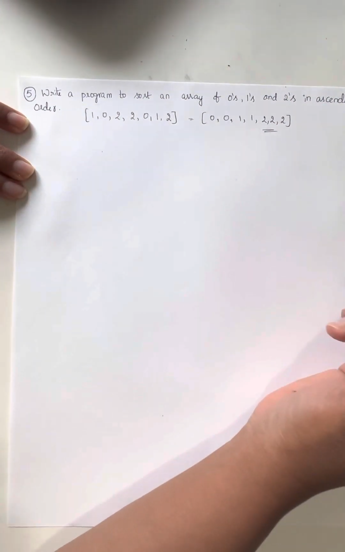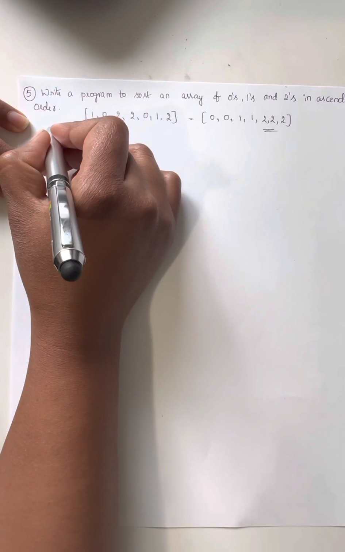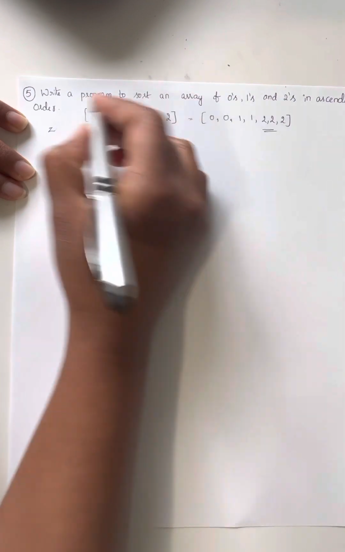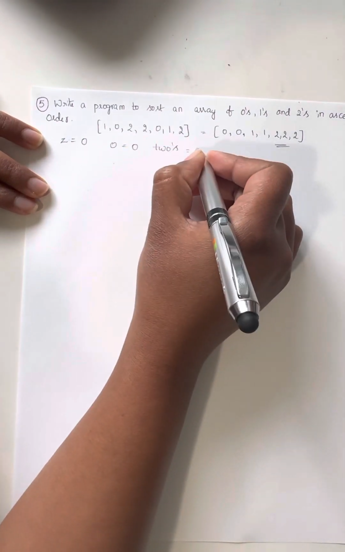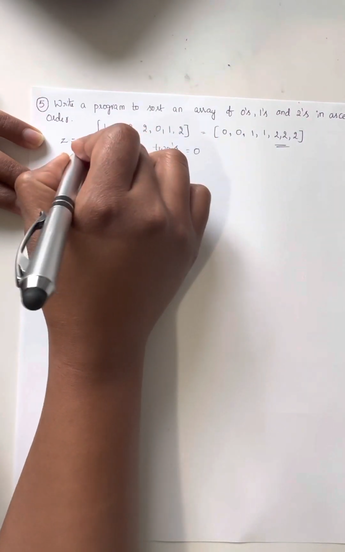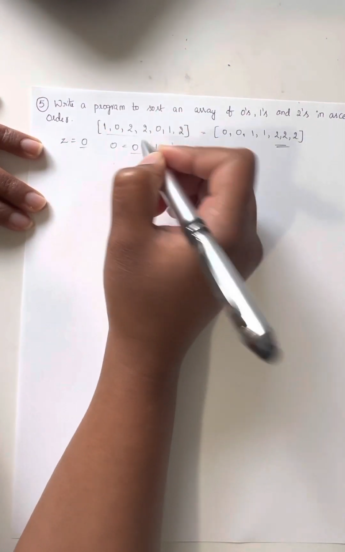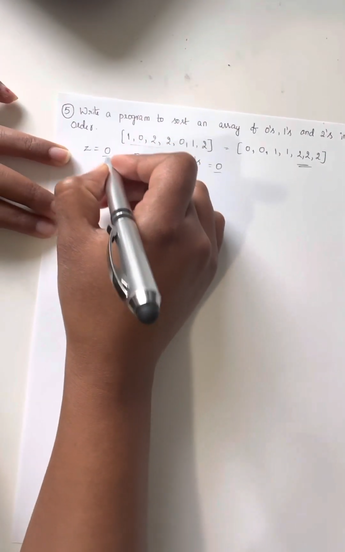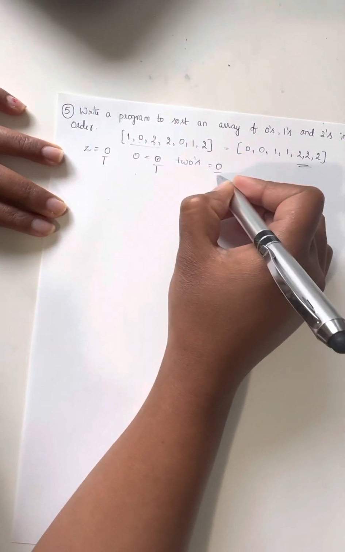So how we need to do this is, let's assume three variables for zeros, ones and twos, and each variable is initialized to 0, and we can loop through this array and increment these variables. So let's say we have 1 here, so we increment the ones, this becomes 1, and then we got 0, so the zeros variable is incremented, and then we have 2, twos is incremented.